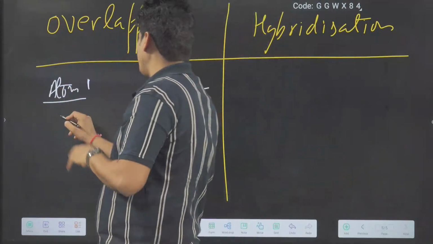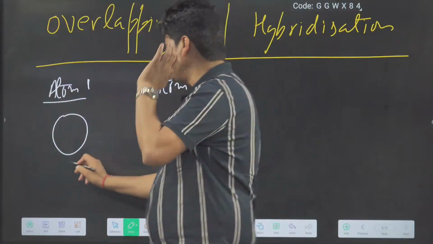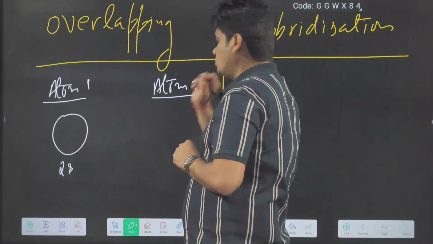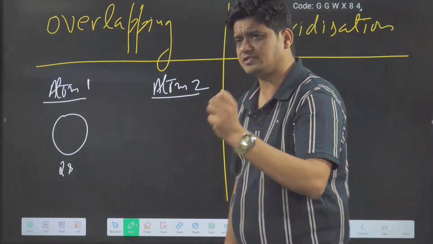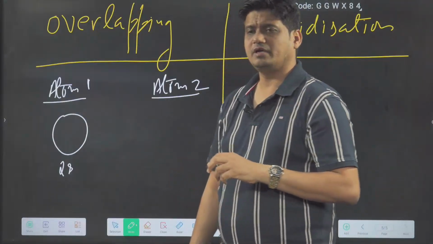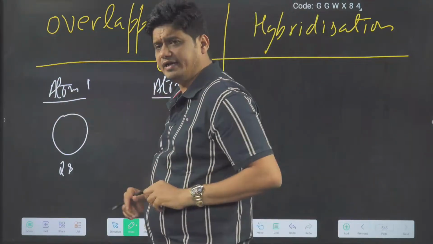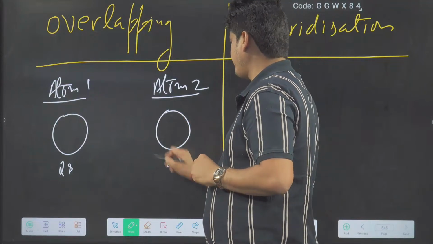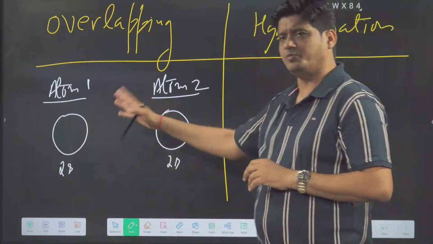Let's say atom 1 provides a 2s orbital, and atom 2 provides a 2s orbital, or maybe 2p, and they are combining.